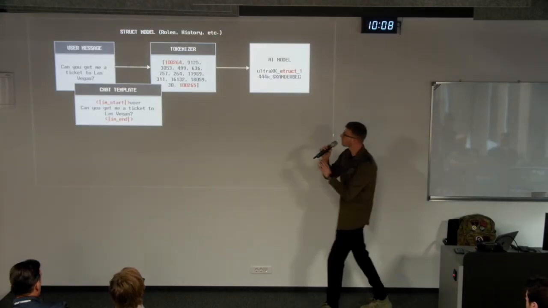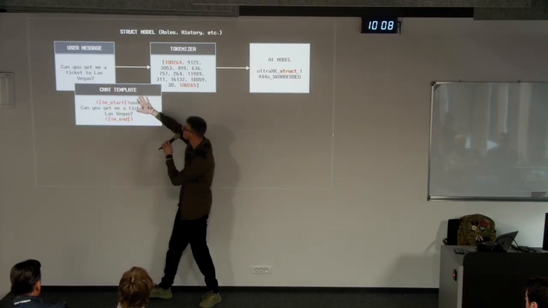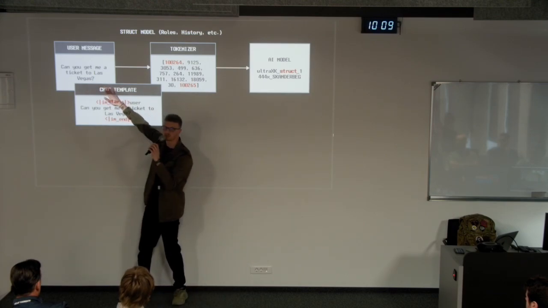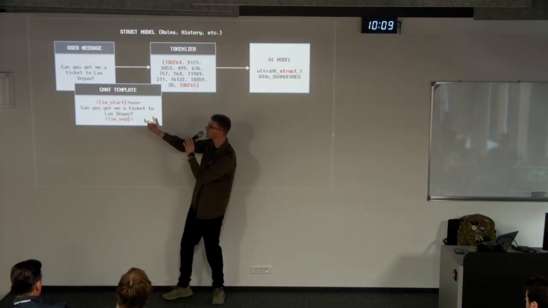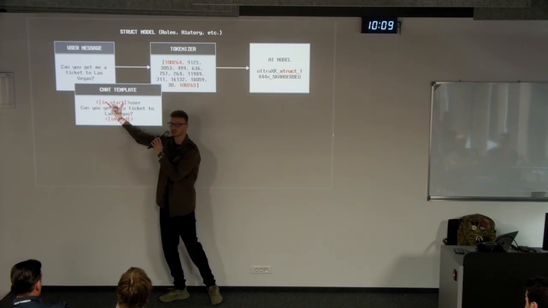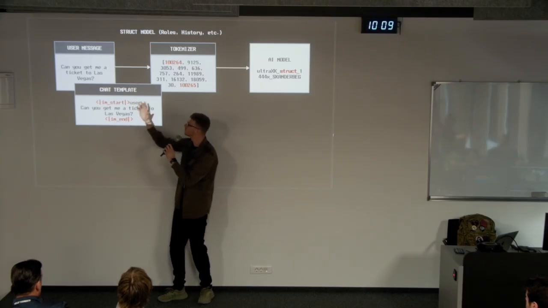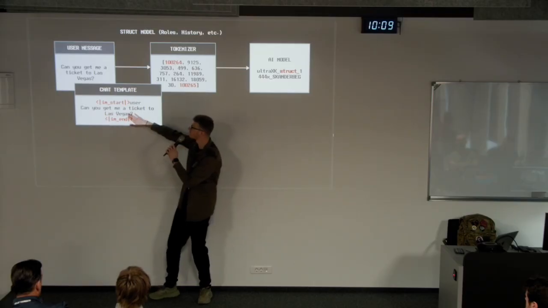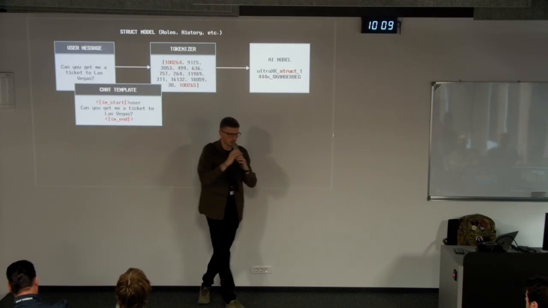For instance, the message that we sent to the LLM was, can you get me a ticket to Las Vegas? But how this message is going to be parsed to the model is by having this special token over here, the role label, which is the user in this case, and then the end token to tell the LLM where the message starts and where the message ends.